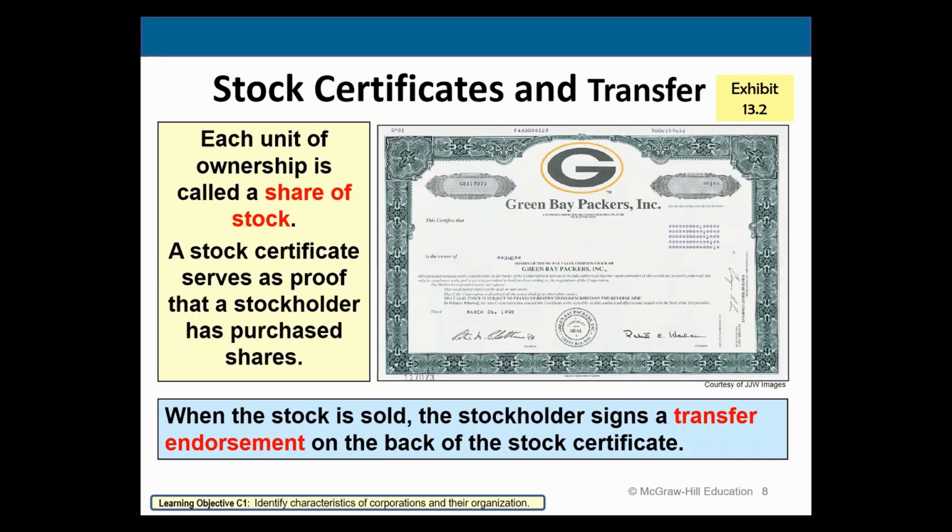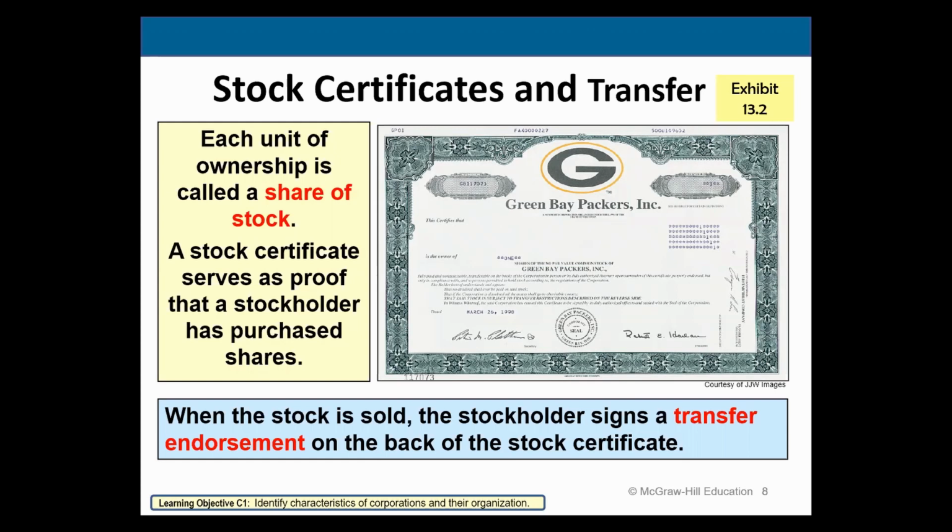Many corporations issue only one certificate for each block of stock. So usually it's per 100 shares, you would get a certificate. They sell them in blocks of shares. A certificate can be for any number of shares. On the screen, you see a stock certificate of the Green Bay Packers football team.